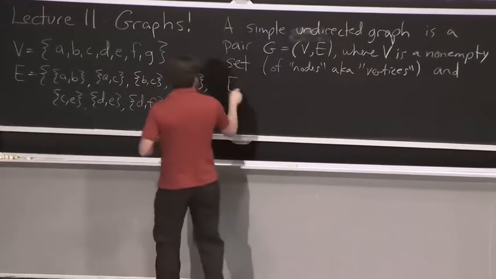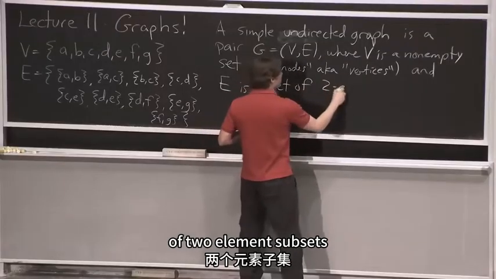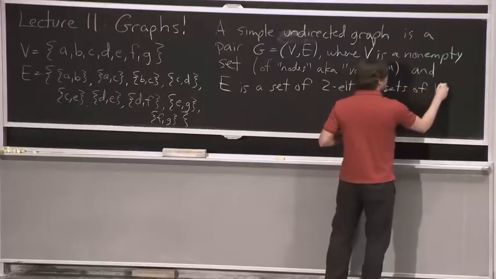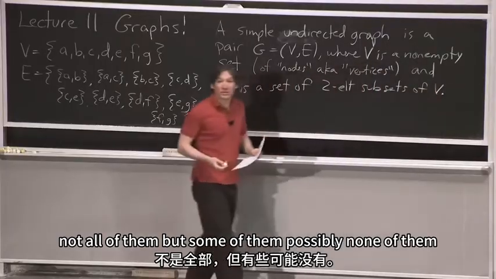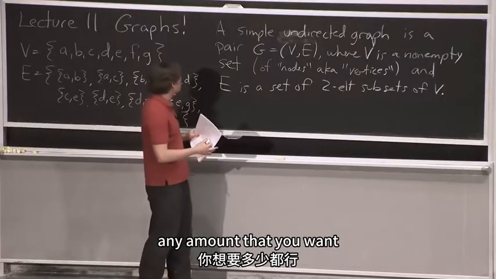And E is a set of two-element subsets of V. Not all of them, but some of them. Possibly none of them. Could be all of them as well. Any amount that you want.